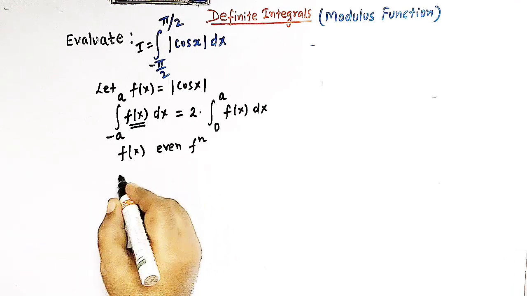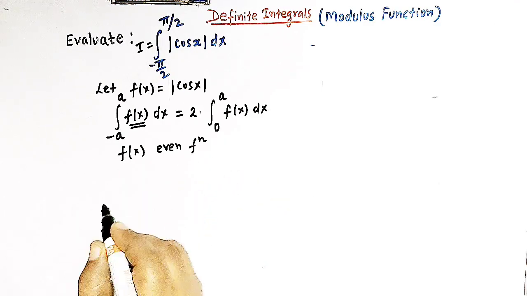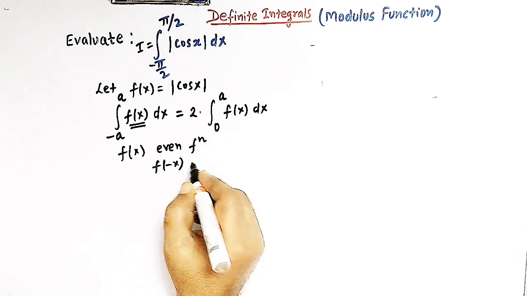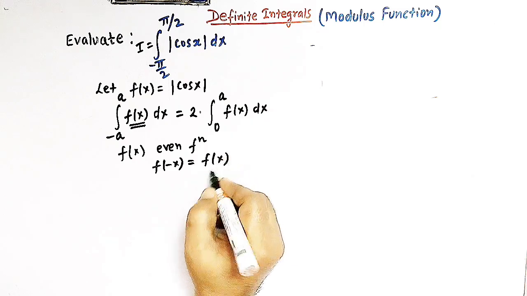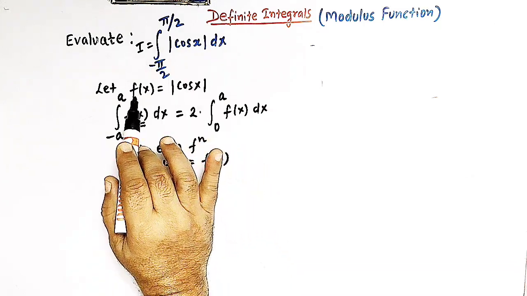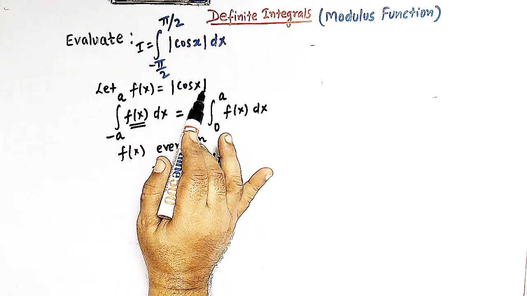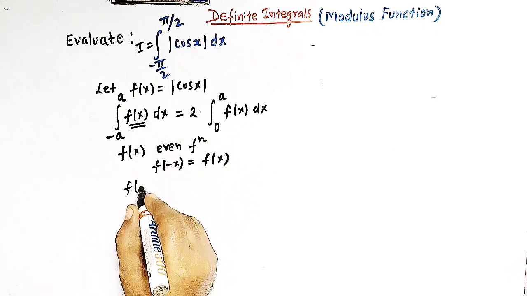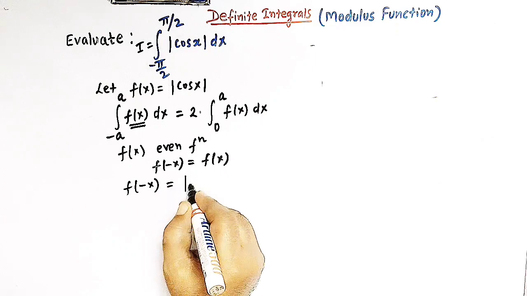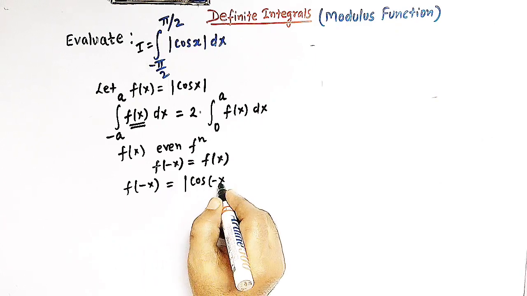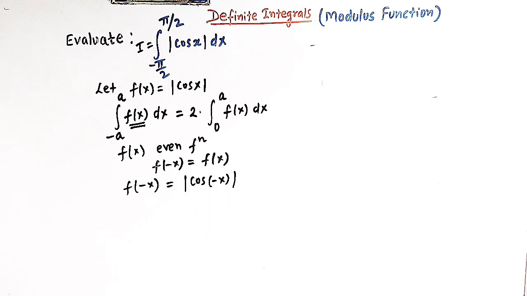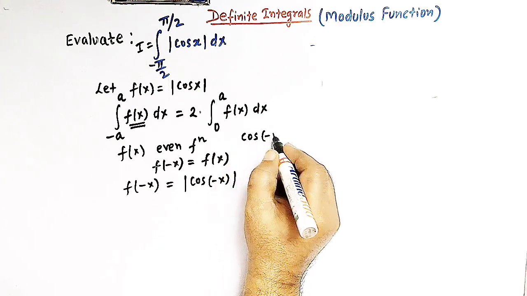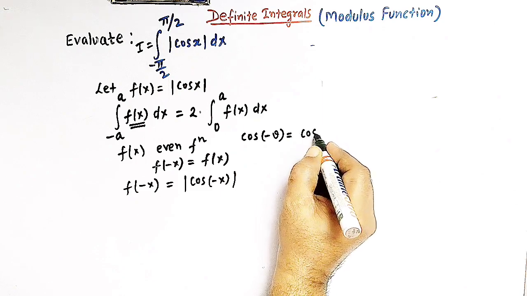Now we know that a function f of x is said to be an even function if f of minus x is equal to f of x, right? So here f of x is equal to mod of cosine x. So if we replace x by minus x, then we have mod of cos of minus x. Now from trigonometry, we know that cos of minus theta is equal to cosine theta.